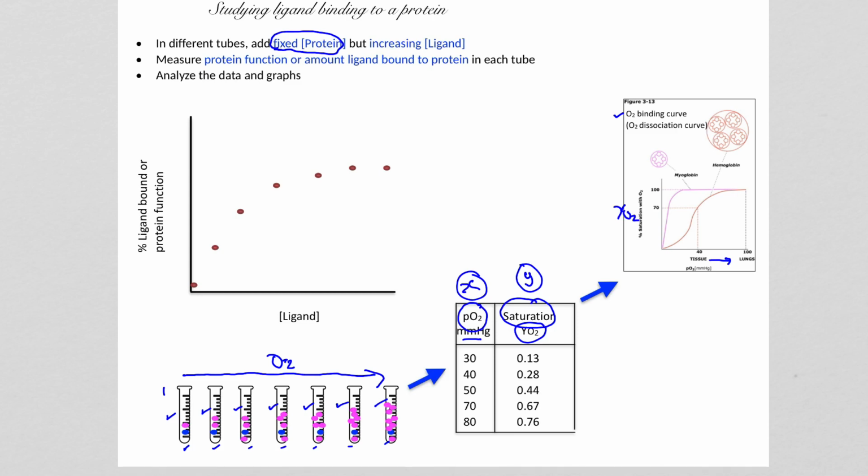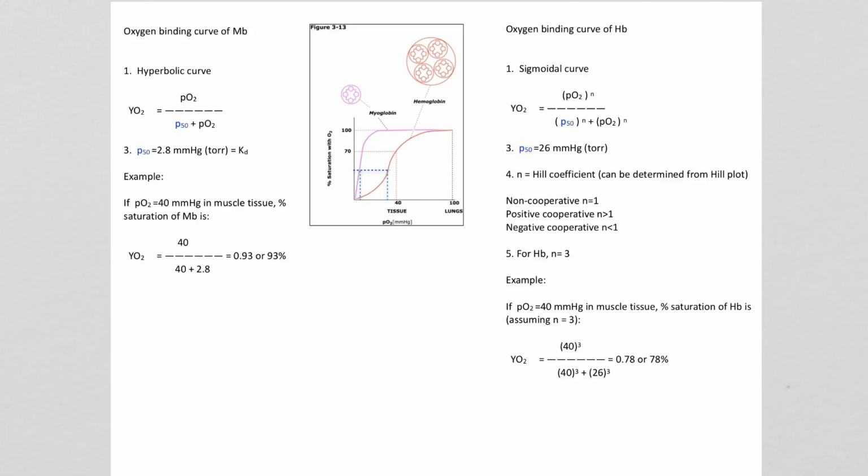And we do the same thing for hemoglobin. Here's a comparison of the oxygen binding curves of myoglobin and hemoglobin. This one here is for myoglobin. This curve is a hyperbolic curve. The equation for the hyperbolic curve is YO2 equals PO2 divided by P50 plus PO2.